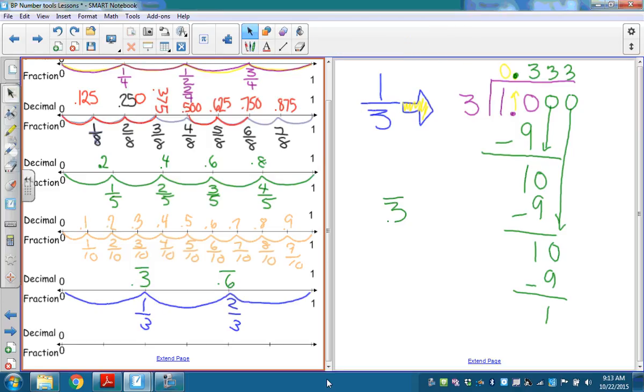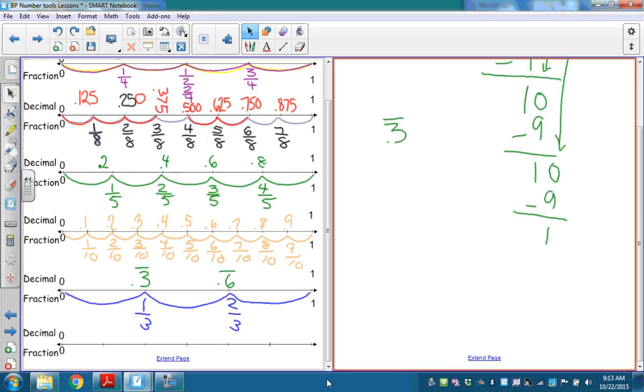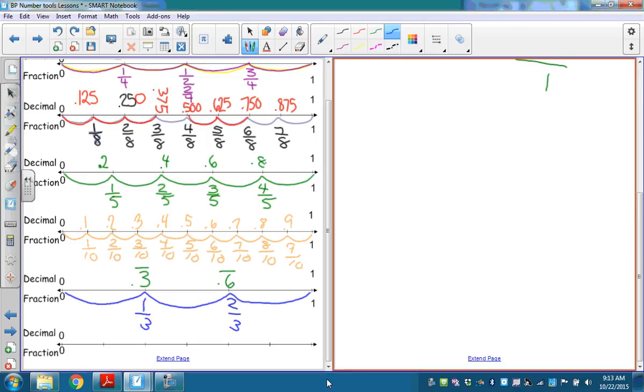Well, should we do it? Yeah. All right, why not? So 1/6. Fraction bars mean what? Divide. So it's 1 divided by 6. Well, 6 doesn't go into 1, so we're going to try 6 into 10.